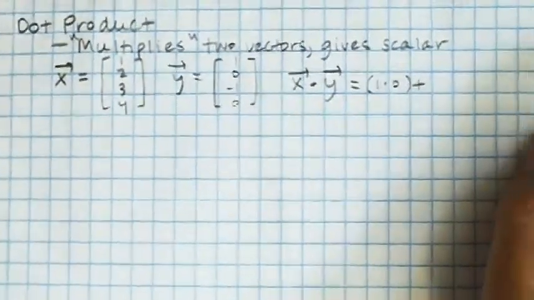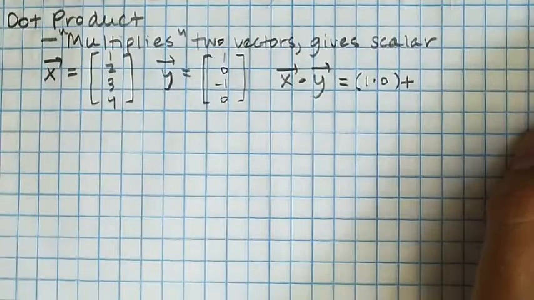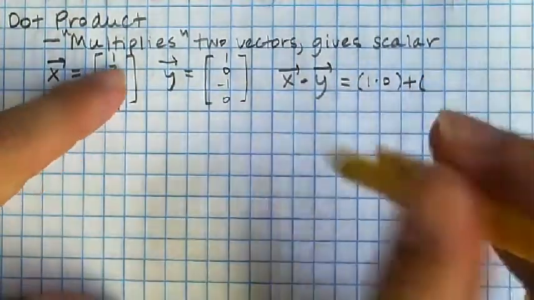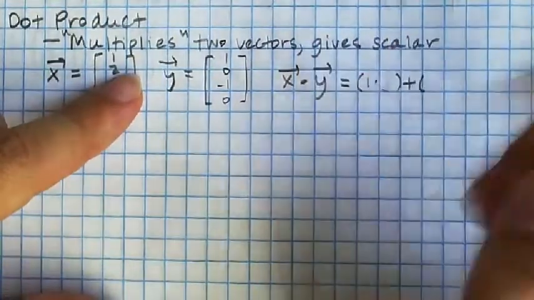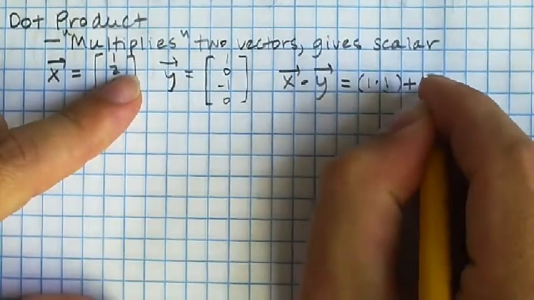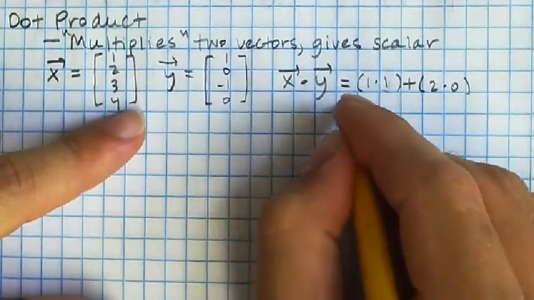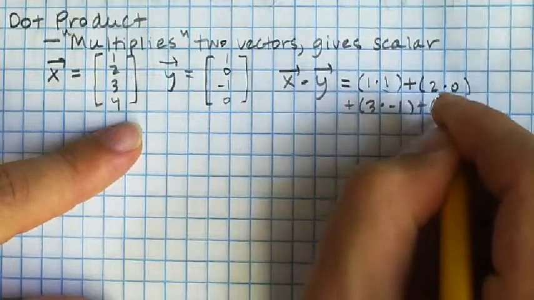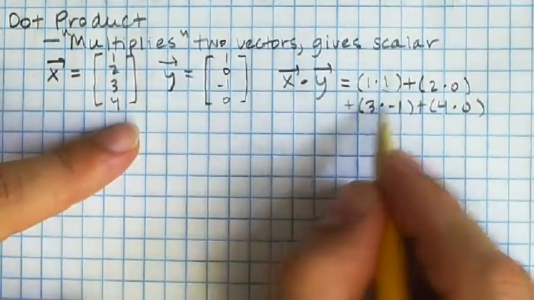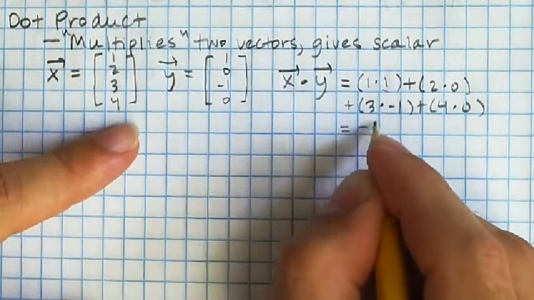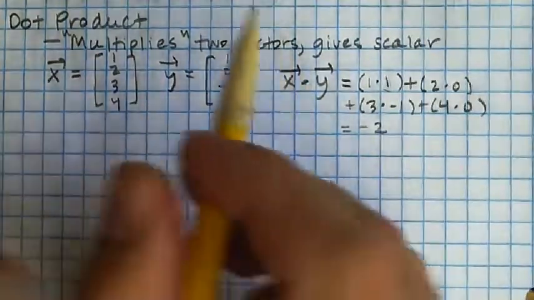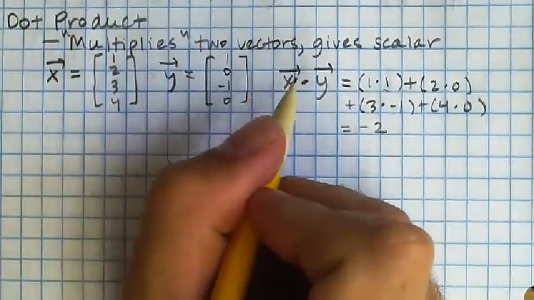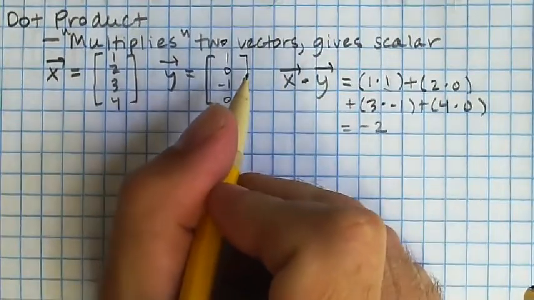I'm going to run out of room, so I'm going to slide this over. So that's 1 times 1 plus 2 times 0 plus 3 times negative 1 plus 4 times 0. And so that's 1 minus 3, which is equal to negative 2. This is defined for any type of vector, any dimension of vector.